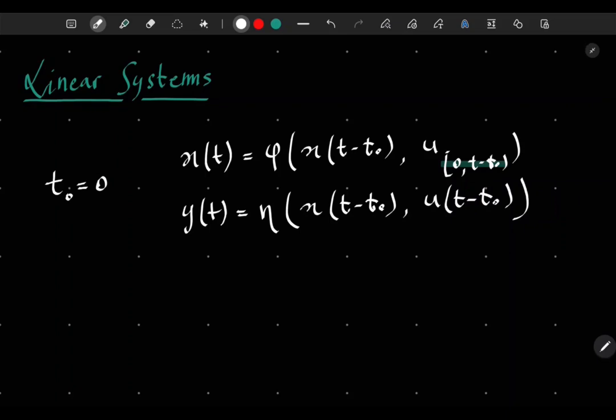Now, as we have just said, a linear system is a system for which the superposition principle holds.